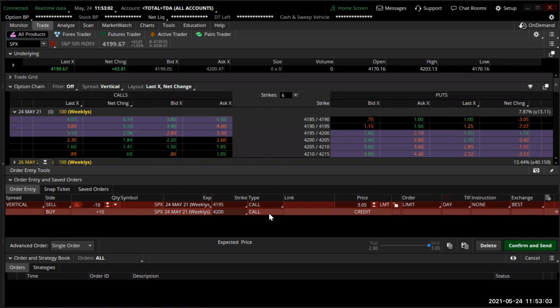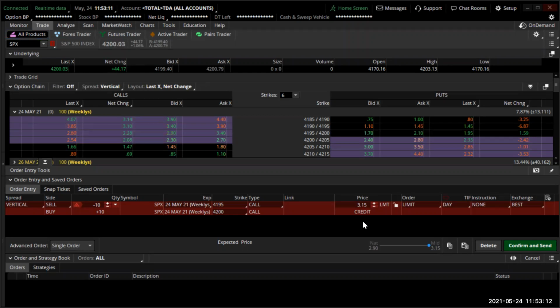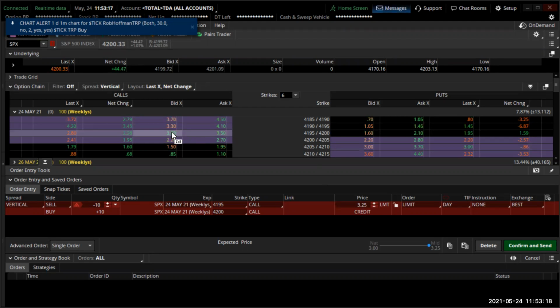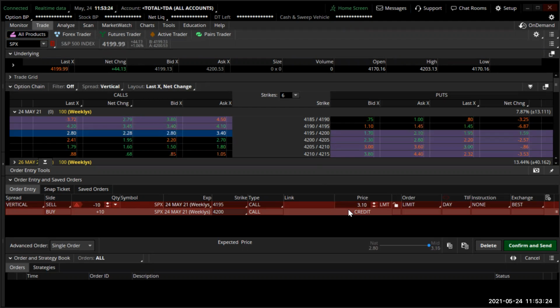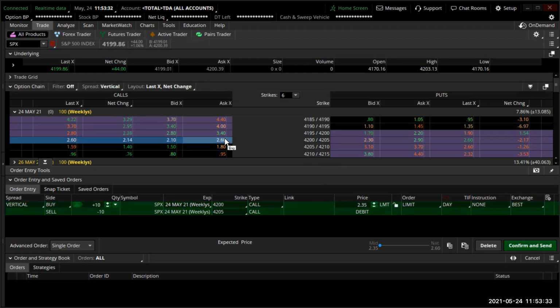The 95, 200 says $3 credit, but this one was actually higher earlier on the 95 to 200 area. So click the 95 to 200, and it was like 3.25, 3.15. Okay, so you can even do the 200 area. Oh, sorry.